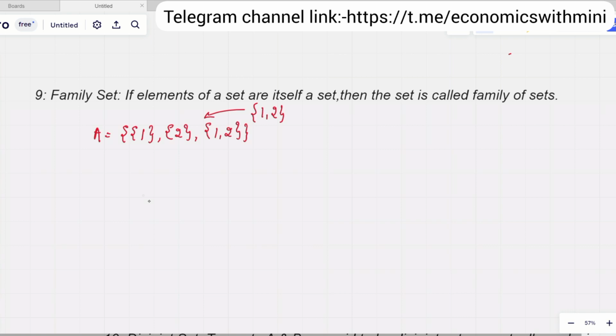See here, set A contains the set {1, 2}, which can also be rewritten as the set of 1 as an individual, 2, and both 1, 2. So this is known as a family set.